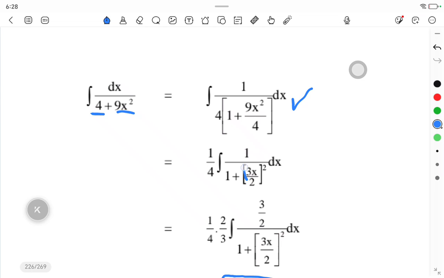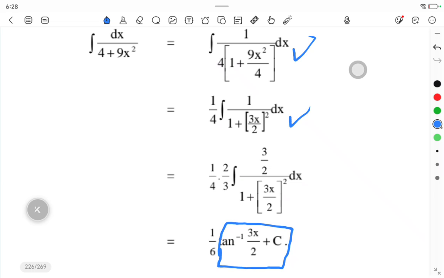Now, the aim is to change this to everything squared. You see here how I changed this one to 3x squared. So I have to change everything to squared. And then, after it's changed to squared, now I can apply what I know, right?